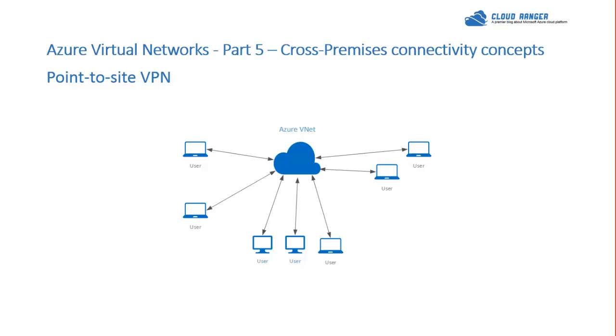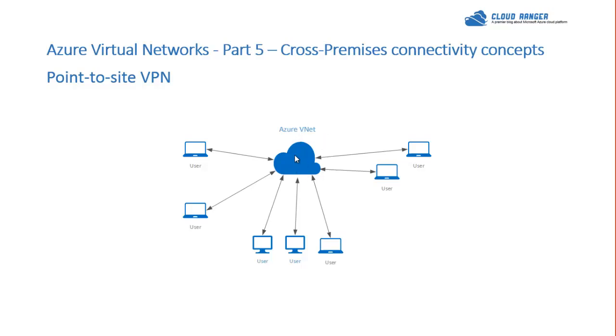You are at a point, wherever it might be, a branch office where you have a bunch of desktops and a laptop, or you might be at home, or at a coffee shop. As long as you have a piece of software downloaded and you have put in your credentials, you can connect to your organization, or in our case here, you're connecting to the Azure Virtual Network.